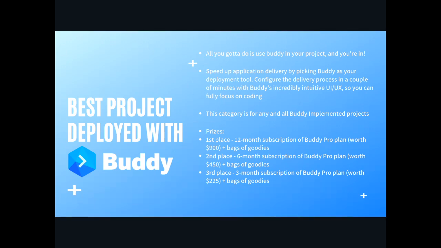It's pretty cool because it makes the whole process of deploying your apps so much easier. You can use this in your project at any point. And the cool thing about Buddy is that they are giving swag bags to everybody who participates in their category.